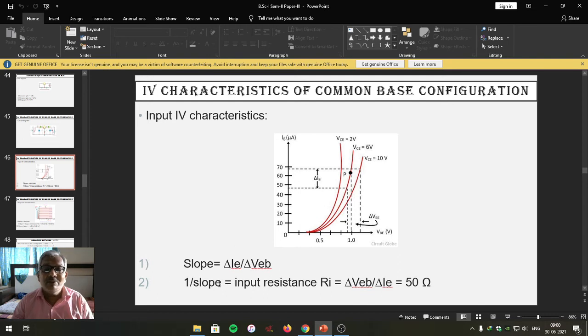If we take the reciprocal of this slope, we get delta VEB upon delta I, and that gives the input resistance of BJT in common base configuration.